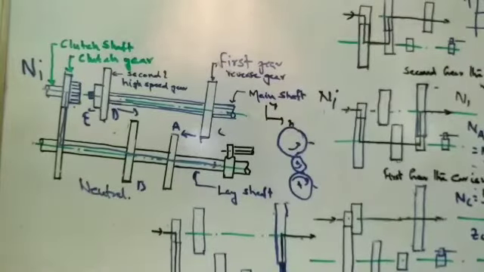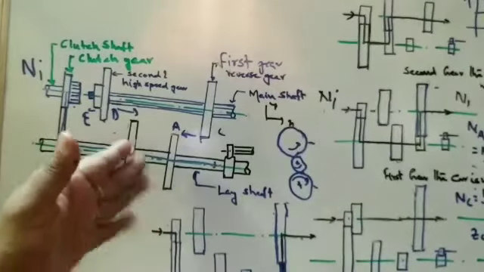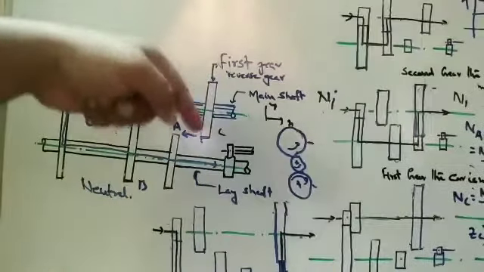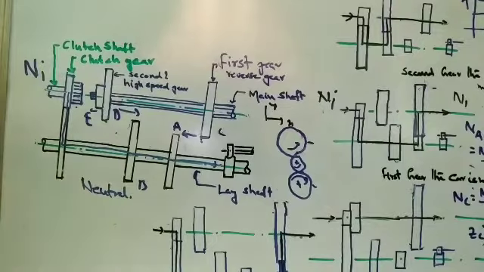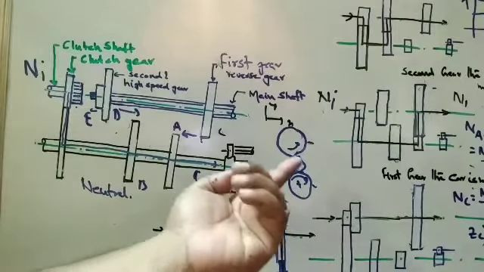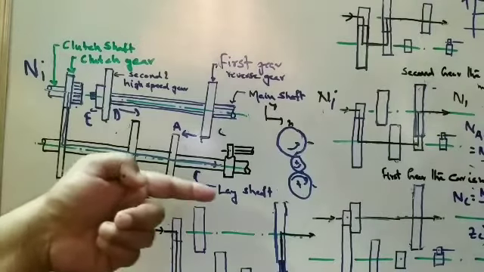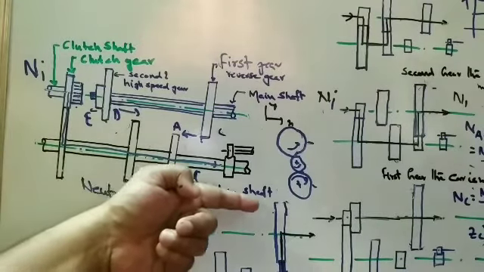So in the first case, whatever direction it moves, the gear on the main shaft moves in the reverse direction. But in the case of the reverse gear, it will move in the same direction as the power supplied to the lay shaft gear.